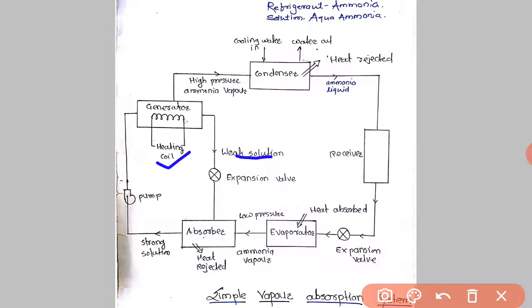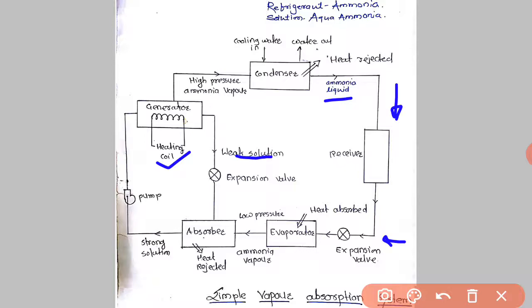And from here, the high pressure ammonia vapors pass through the condenser. There is water in and water out for cooling purpose, so heat is rejected and ammonia vapors are converted into liquid form, and it further passes through the receiver and then the expansion valve, and then it passes through the evaporator. In the evaporator, the actual process of refrigeration takes place.